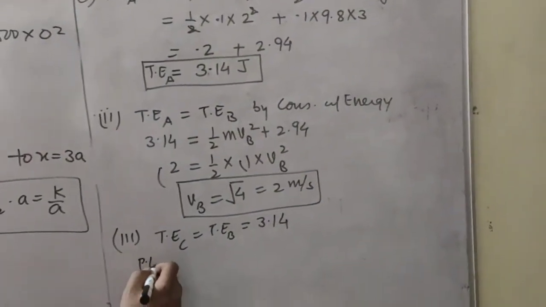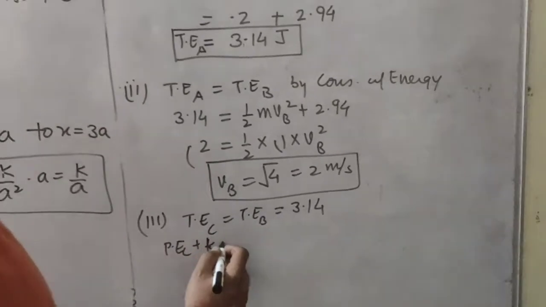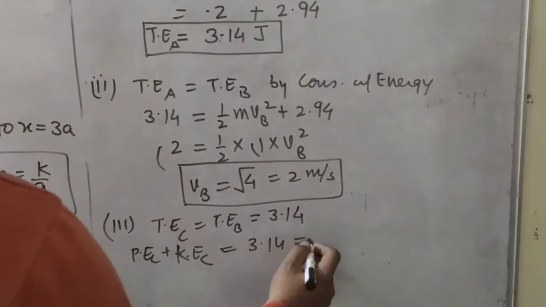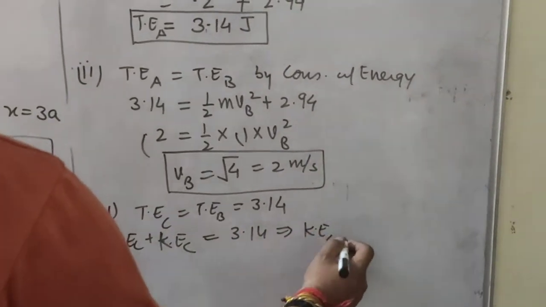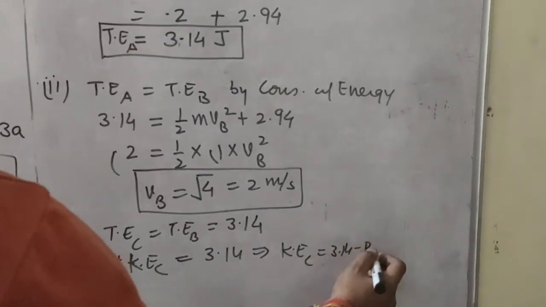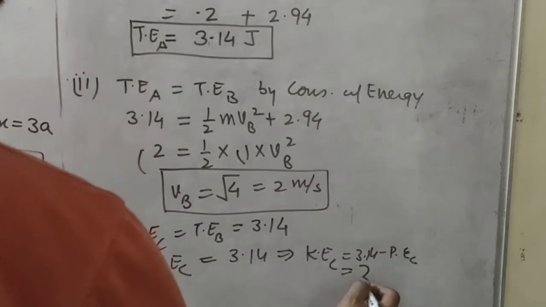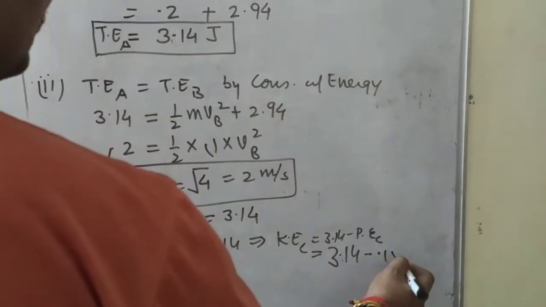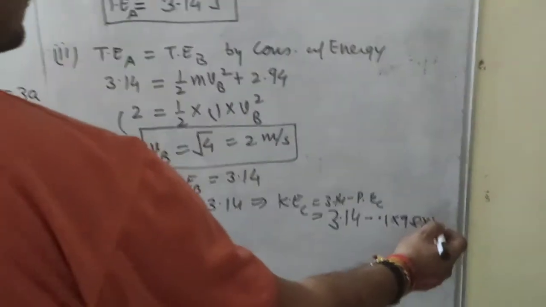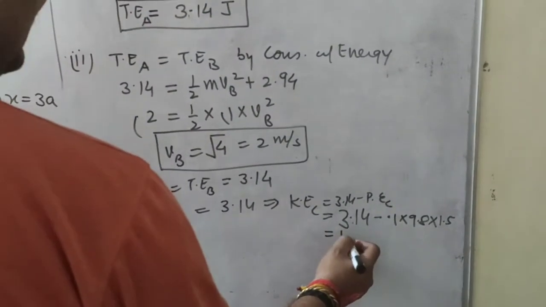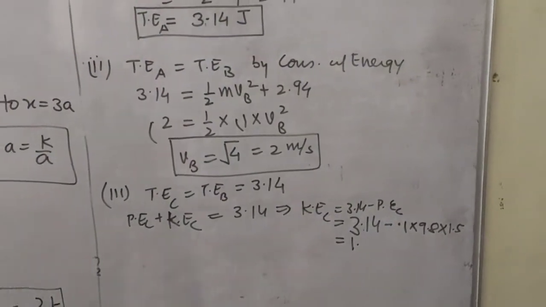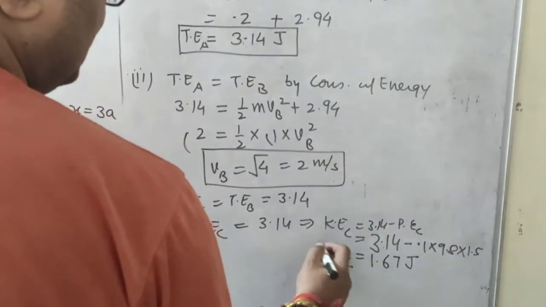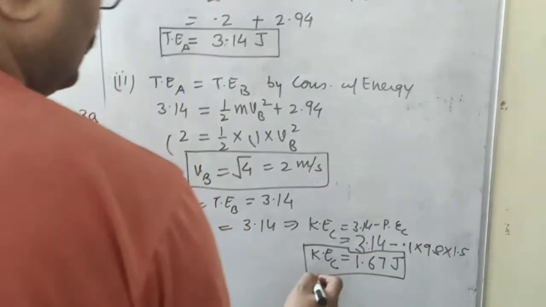But this total energy is potential energy at C plus kinetic energy at C, equal to 3.14, which implies that kinetic energy at C is equal to 3.14 minus potential energy at C. So 3.14 minus m is 0.1, g is 9.8 and h here is 1.5. On solving you will get 1.67 joule. This is the kinetic energy at C.